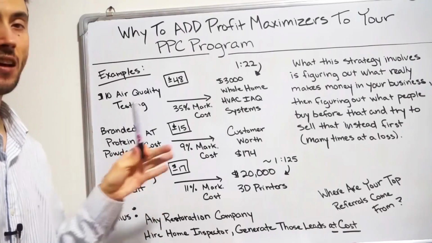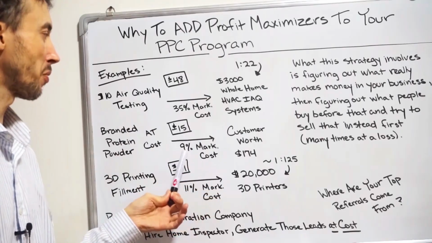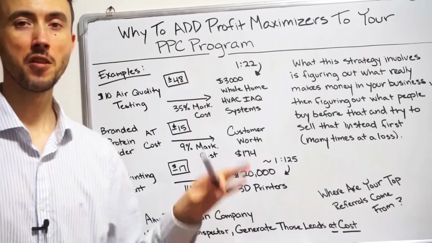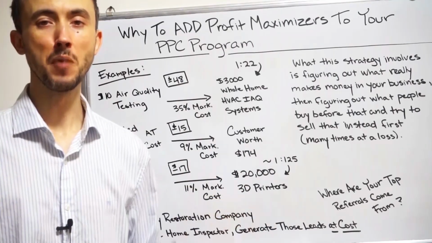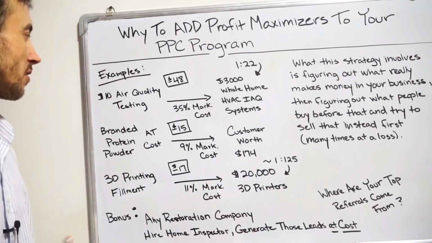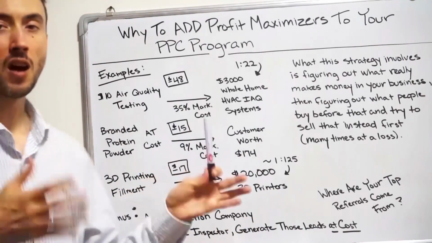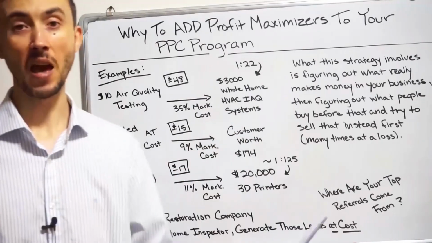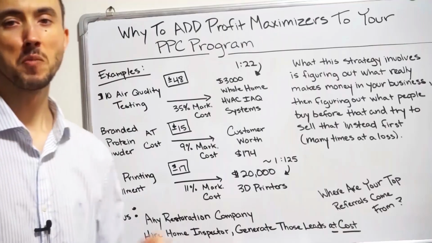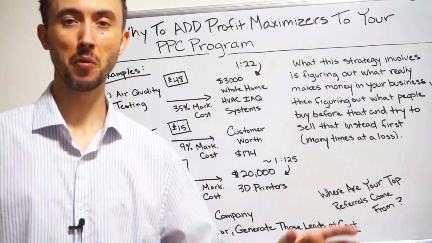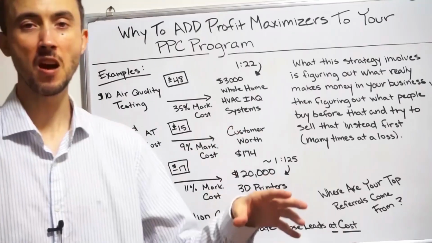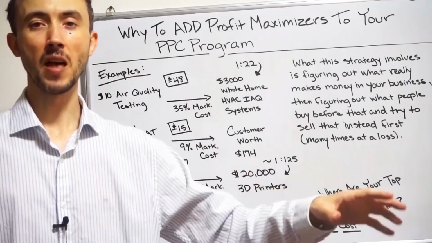We sold the product at cost, this particular series of products, which we knew the lifetime value on average was $174 when somebody bought the initial starting product. Selling it at cost meant we didn't make any money on the product. The advertising cost was about $15 to sell that product at cost, so we lost $15 on the front end just to sell that product.